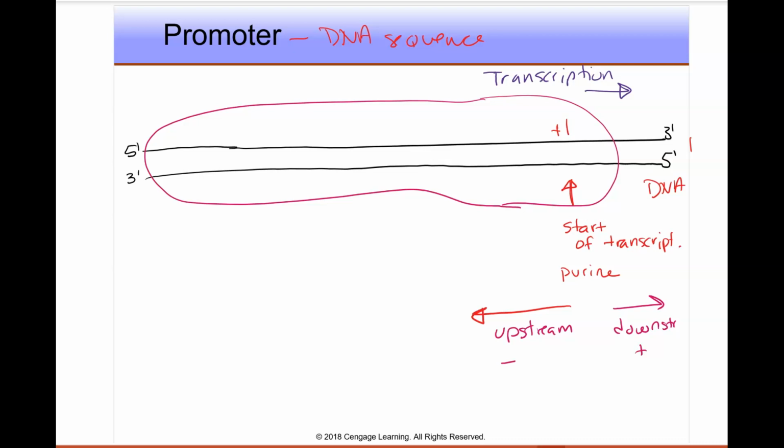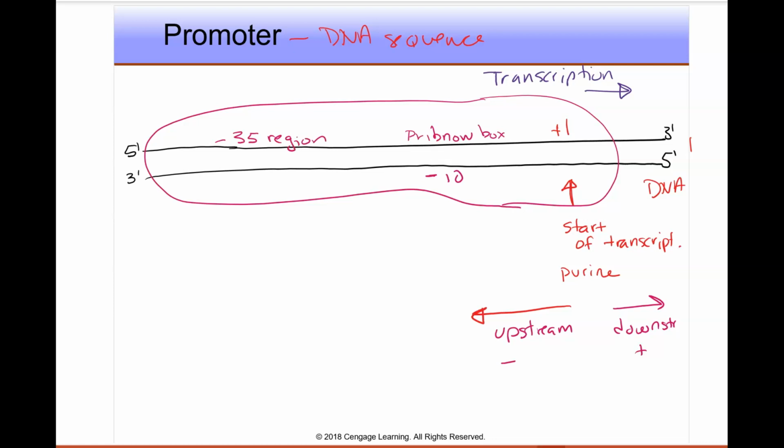The most common parts of it are +1, and then also there is what's known as the Pribnow box. And that is located 10 bases upstream from the start of transcription. There's also a -35 region.